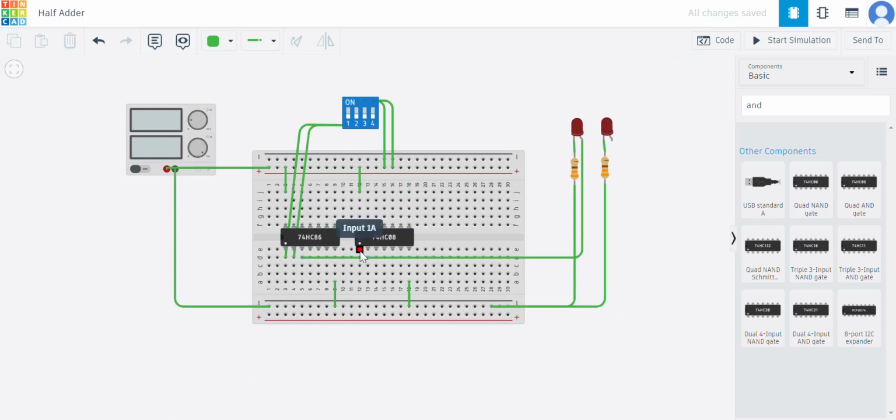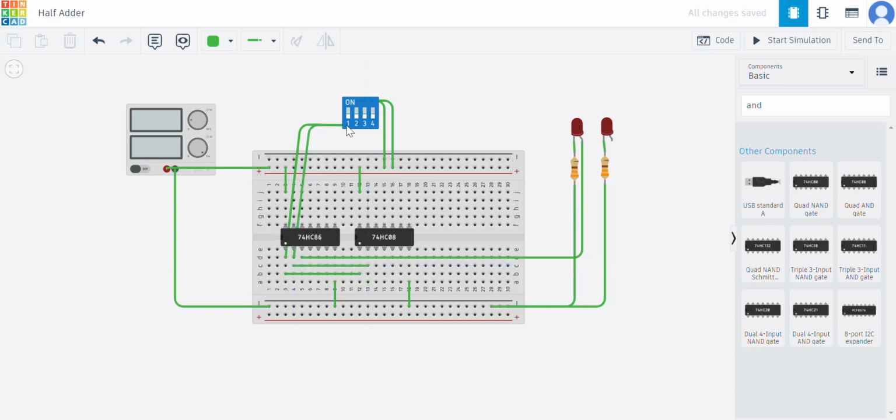Now for the AND gate, input 1A and input 1B, we can take the inputs from the switches as well as from here because all the points here are the same as input 1. So we can take it from here and give it to the input 1A, and the second input from here, and give it to the input 1B.